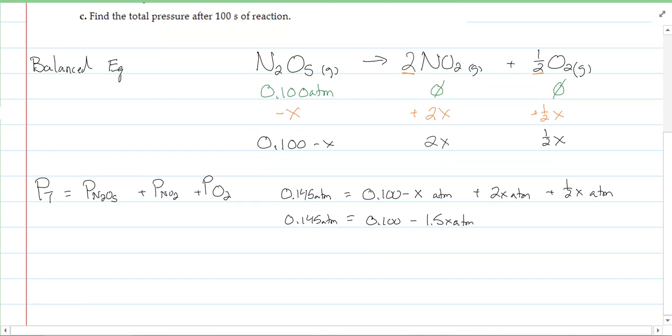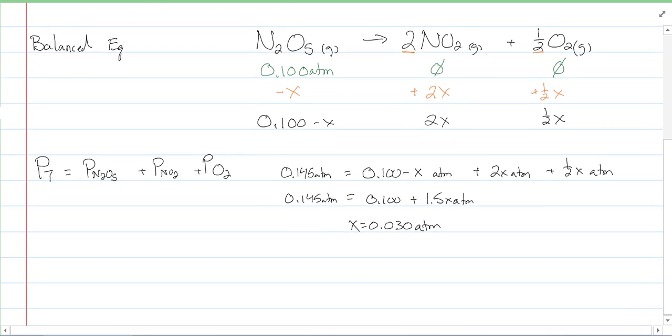And so we just move the 0.1 over. I'm sorry, it's plus. Put the 0.1 over, so 0.045 equals 1.5x. x looks like it's going to be 0.03 atmospheres. Wonderful.